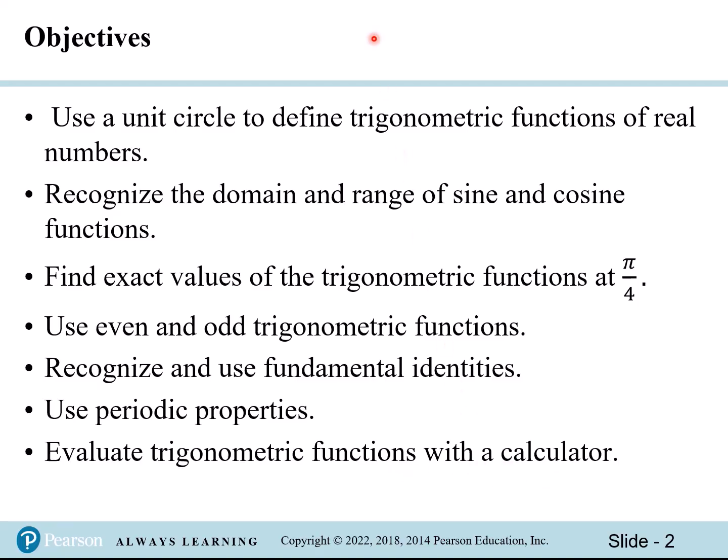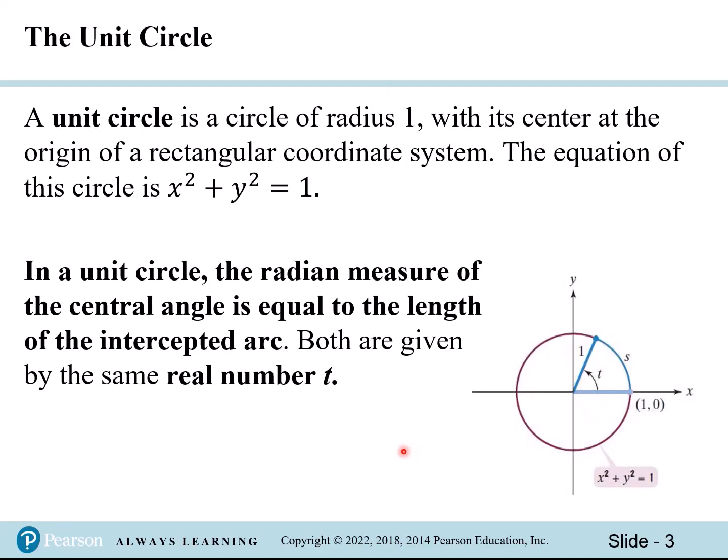Let's begin by going over what a unit circle is. A unit circle is a circle with a radius measuring 1 unit, and the circle is drawn around the point of intersection between the x and y axis in a rectangular coordinate plane.